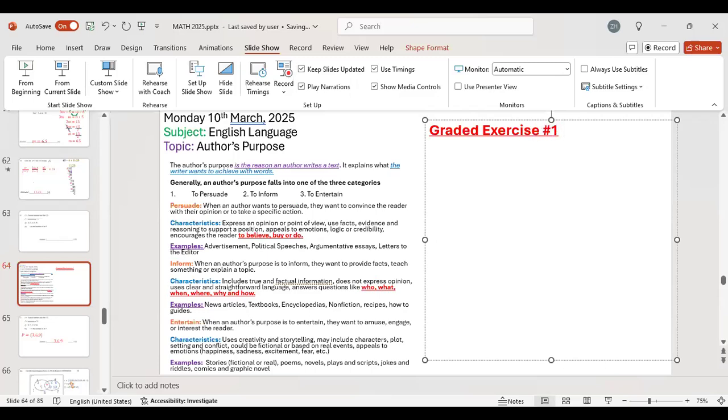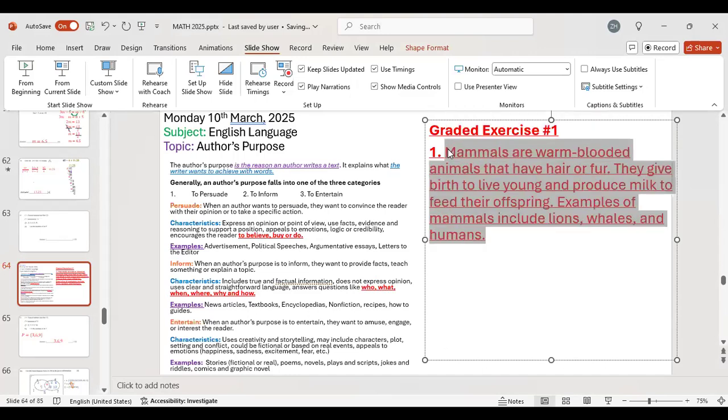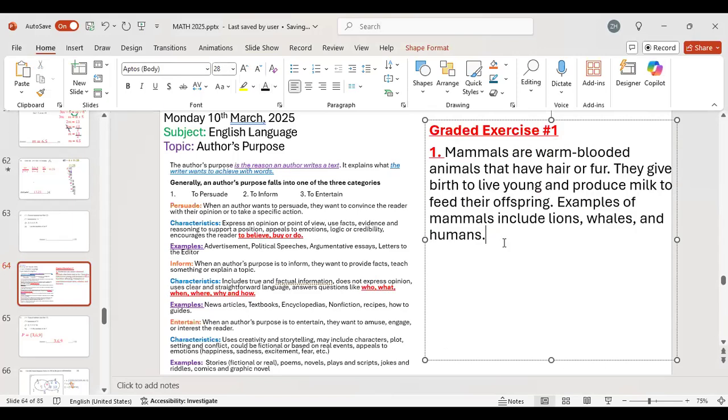Number 1. By the way, take a picture of your work and send it to me via WhatsApp. Number 1. Again, write P, I, or E. What is the author's purpose?